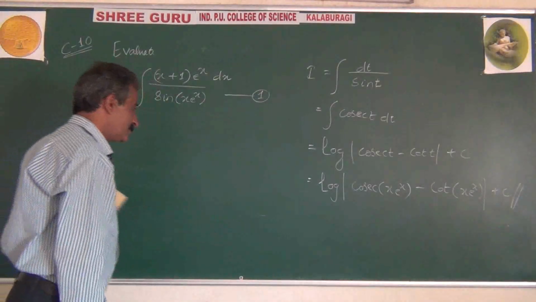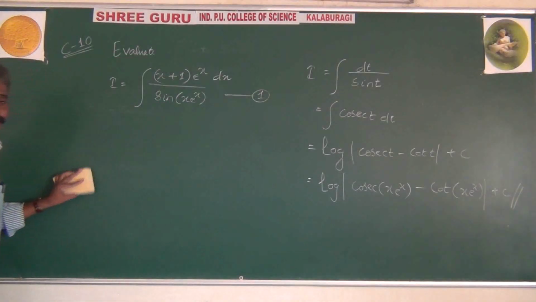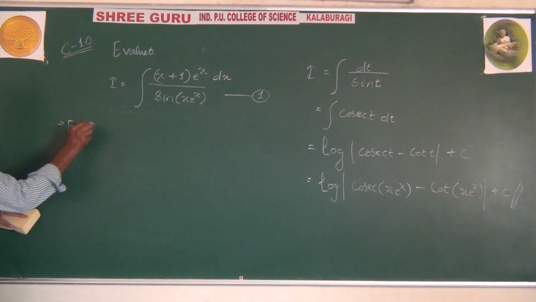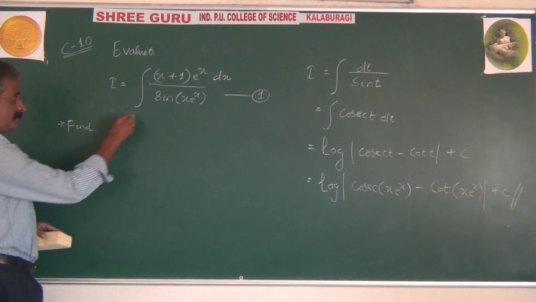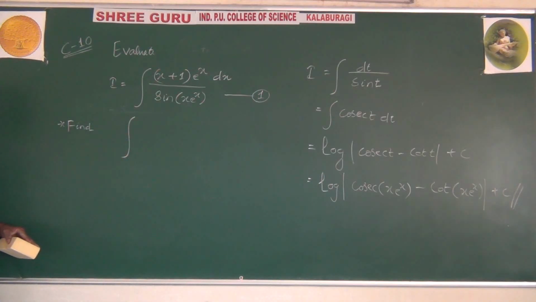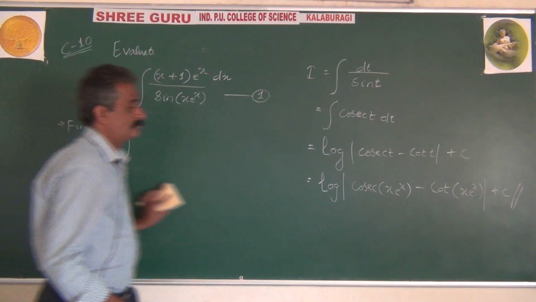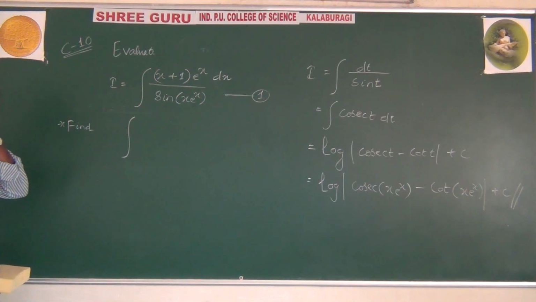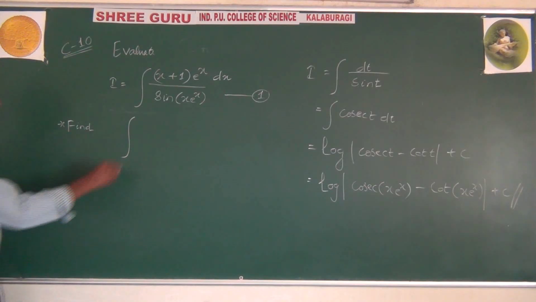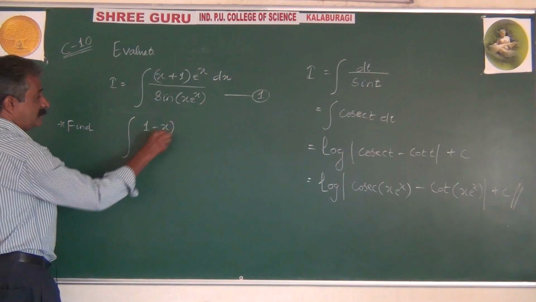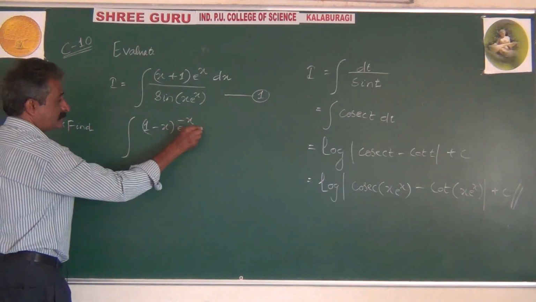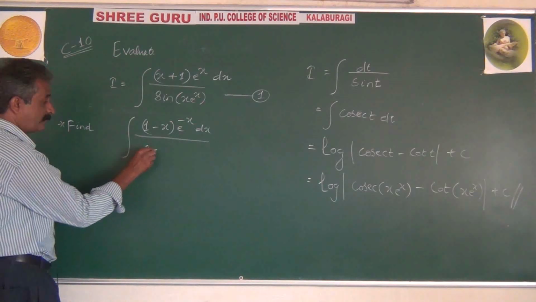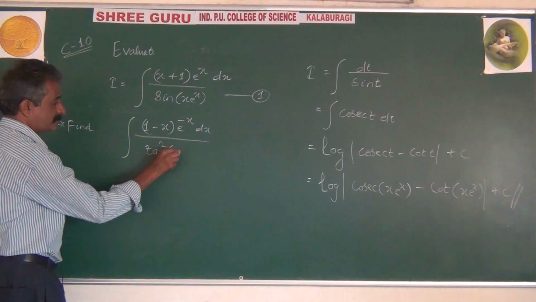Again, next 2-3 questions are similar. For your practice, you try yourself. Find or evaluate the integration of (1 minus x) into e power minus x dx divided by tan square of x e power minus x.